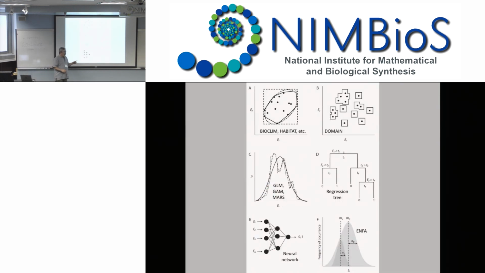Here is a look at response surfaces from some of the older niche modeling tools. We have these very old tools that were basically based on range rules or a minimum convex polygon or polyhedron in environmental space around the known observations.